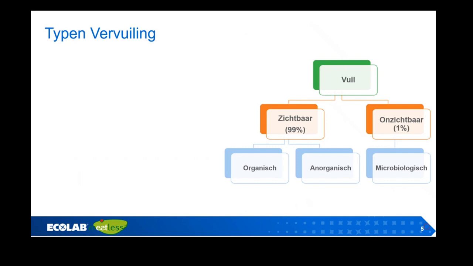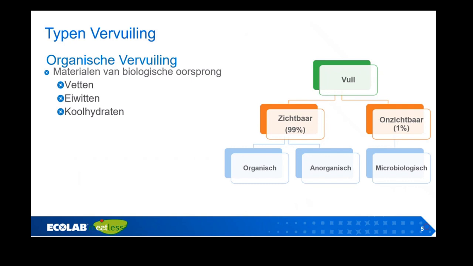The types of dirt. Dirt, you can split it into two. So 99% is visible dirt and 1% is invisible dirt. The visible dirt, you have organic dirt and inorganic dirt. Do you know what organic and inorganic is? No?